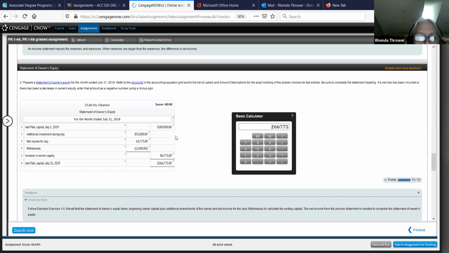That increase in owner's equity is added to the beginning capital balance. The ending capital balance is $266,775. This balance is going to be put into your next financial statement, which is your balance sheet. And so this owner grew from 180,000 all the way up to an ending balance of 266,775.